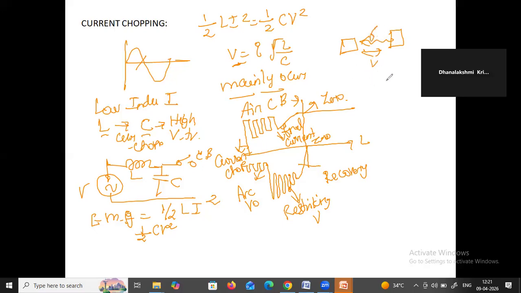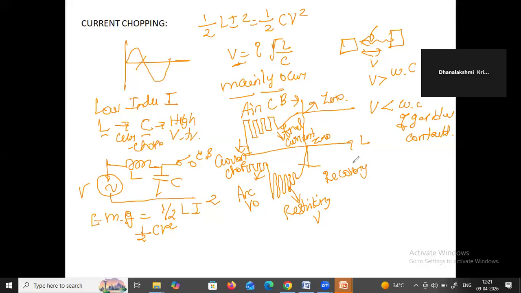Since the chopping force is strong, the current is again chopped. This phenomenon continues until the value of V is less than the withstanding capacity of the gap within the contact.